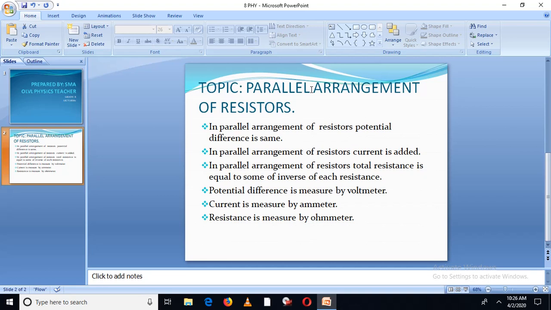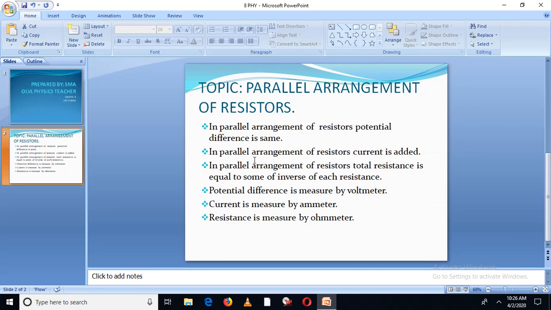If we want to find out the potential difference across the resistor, we have to use the voltmeter. Voltmeter will measure the potential difference across any component. In this case, we are taking the resistor as the component.